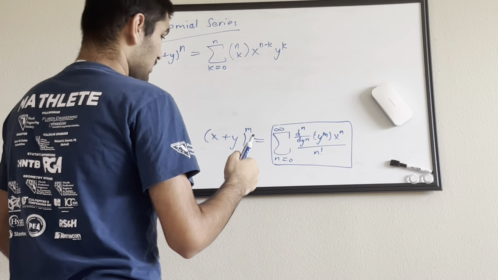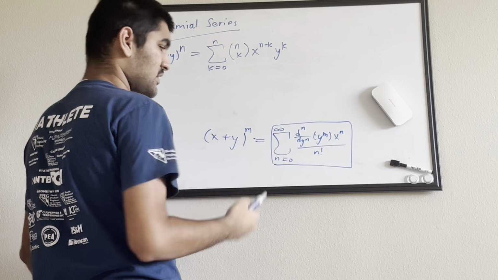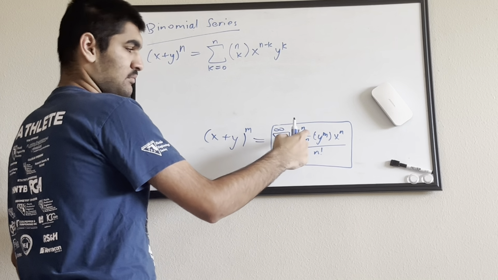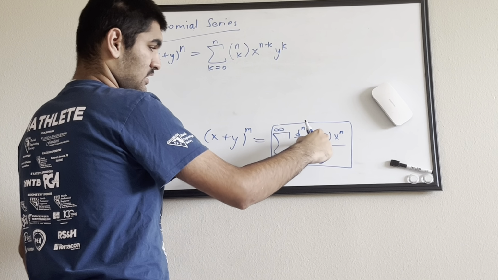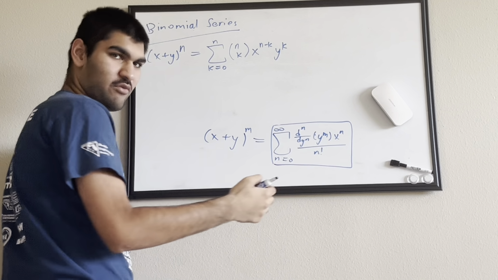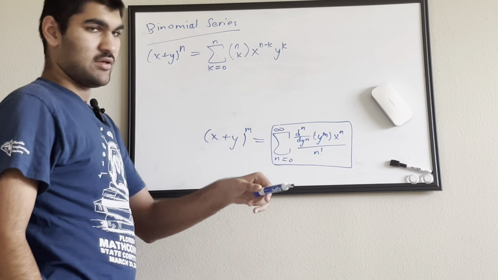So now, actually right here, it is going from n equals 0 to infinity, but when n equals m, the mth derivative of y to the m just becomes a constant, and everything after m is just 0.